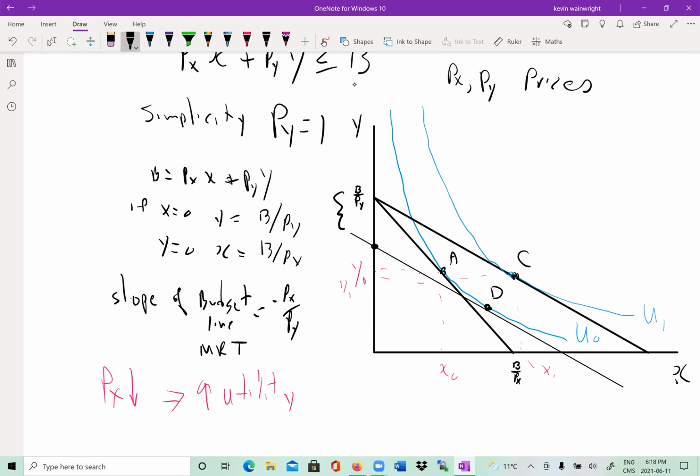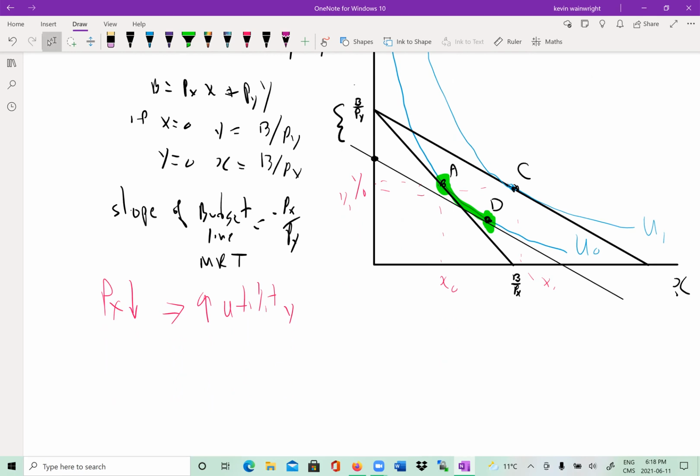So by lowering the price of X and then taking away income until you're back to the original indifference curve, I've effectively moved the consumer from point A to point D. So they've substituted Y for X, but kept utility constant, okay? And the amount that I shifted the budget constraint back measures the maximum I'd be willing to pay to get a lower price.